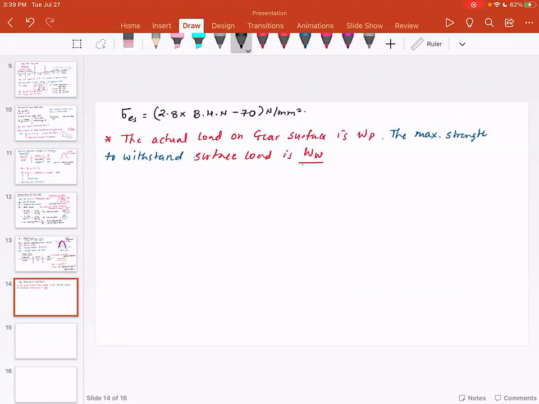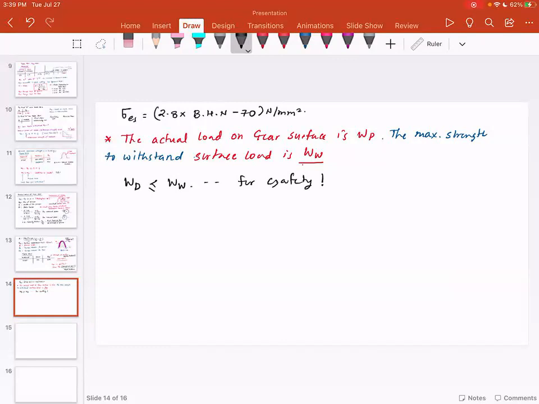So just like the previous case, WD has to be less than or equal to WW for safety. So we want to make sure that the gear is strong enough not only to withstand the static load, but also the wear load.